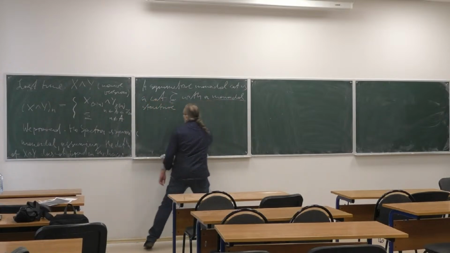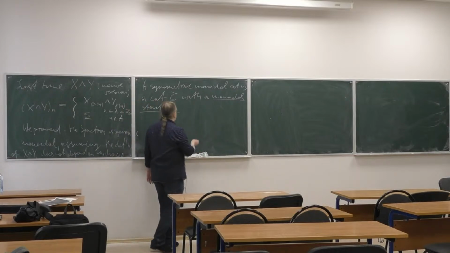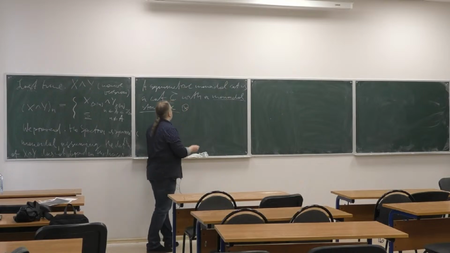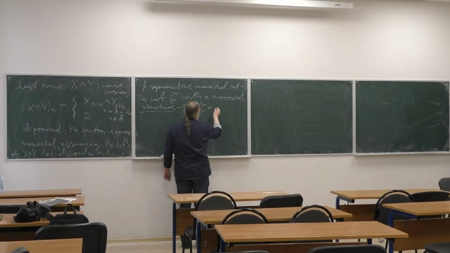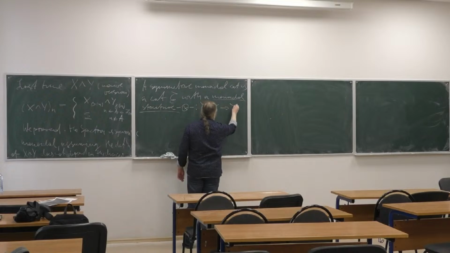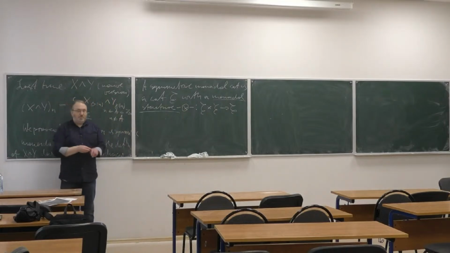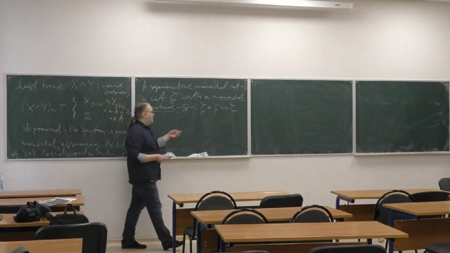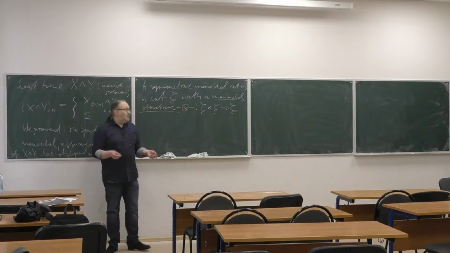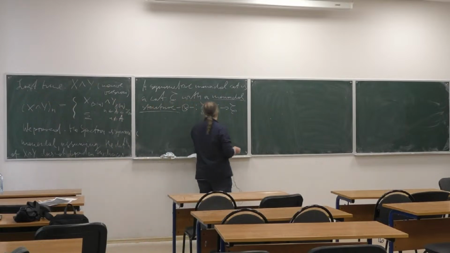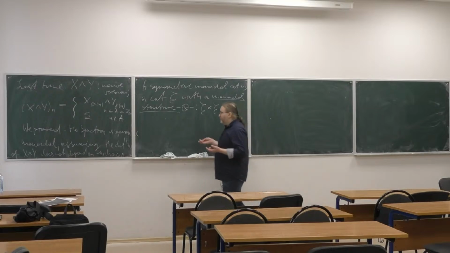So we start with a category, which is just a category, but we assume that there is a monoidal structure, which is basically a functor from C cross C to C, where C cross C is just the Cartesian product category.